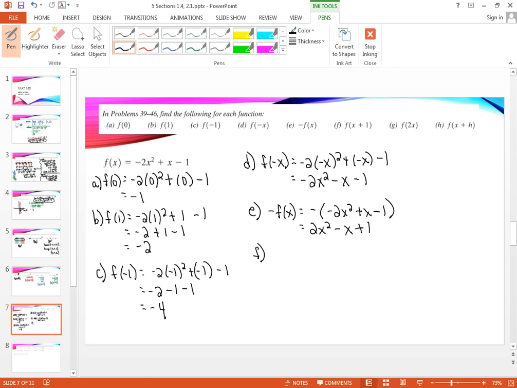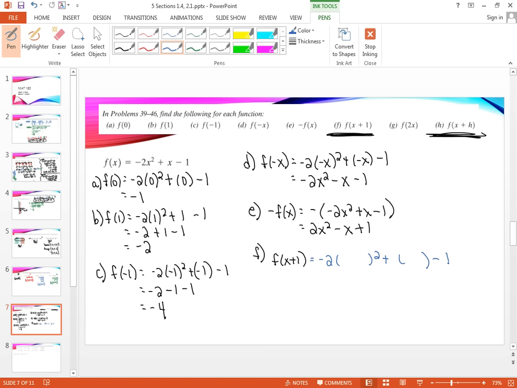All right, F. F of x plus 1. Now I want you to be very careful with this because F and H, this one and this one, are so very important. I'm going to do this in a couple of steps. My original function is negative 2 times something squared plus something minus 1.